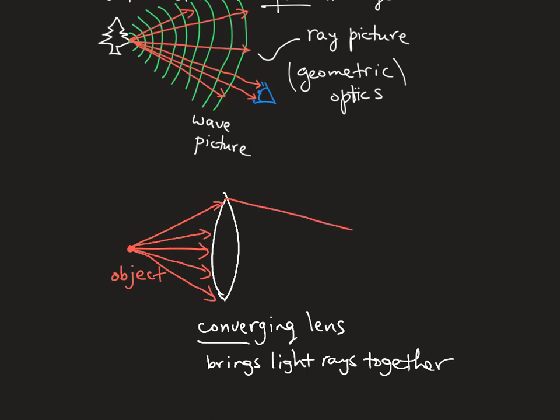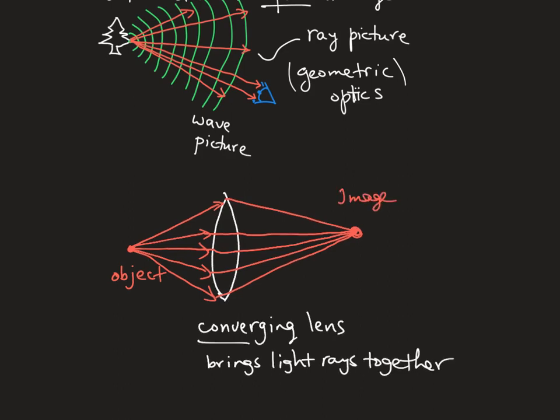Instead of continuing to go forever outward, when the rays pass through here, they get bent in such a way, depending on the angle that they come in at. It's not the greatest drawing, but I think you can see what I mean. They get bent so that they all come back together at another point here, and that point is what we call the image.